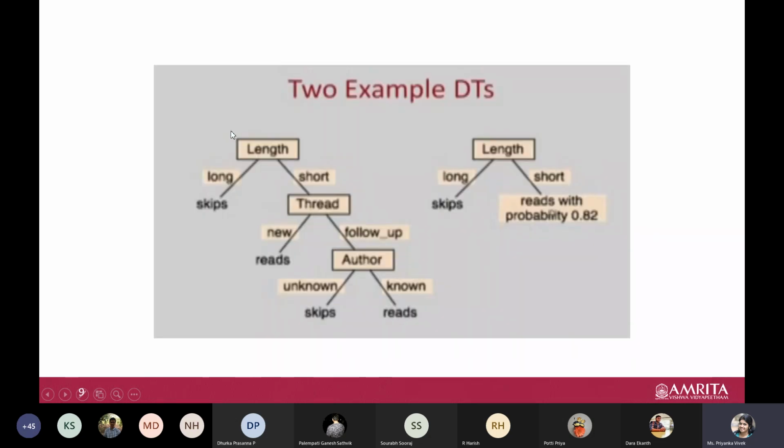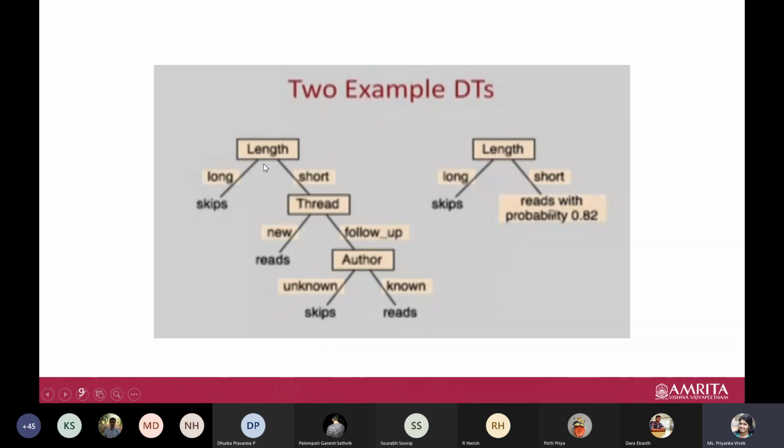And another thing we discussed was, from the same example training data shown in the previous slide, they have just shown two sample decision trees. In the first decision tree, both have the root attribute as length.